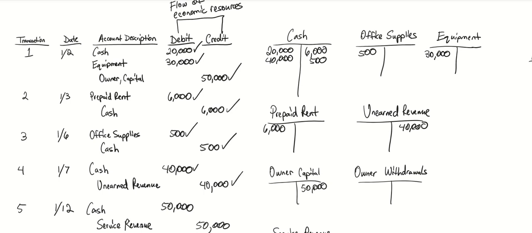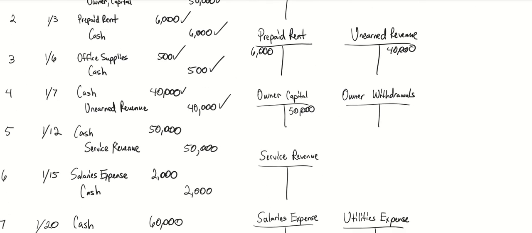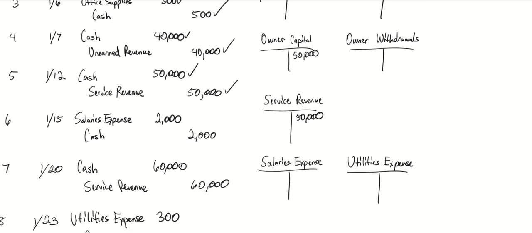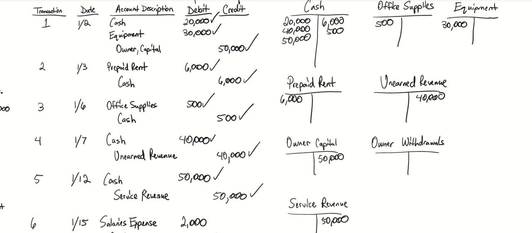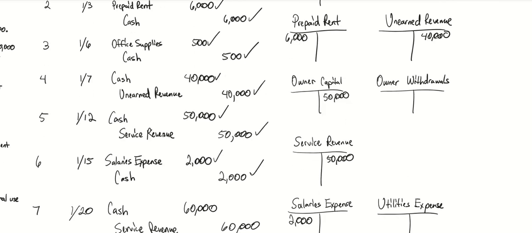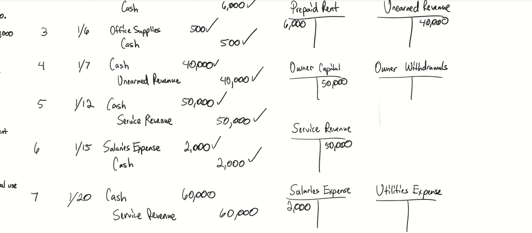Okay, transaction 5, a debit of $50,000 in cash. Service revenue has a credit of $50,000. Next, salaries expense. Salaries expense has a debit of $2,000. Cash has a credit of $2,000. Okay, next, transaction 7. Cash is a debit of $60,000.